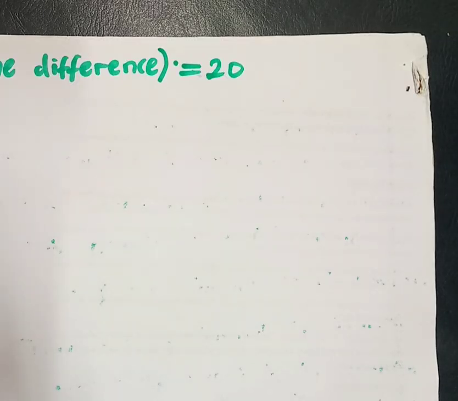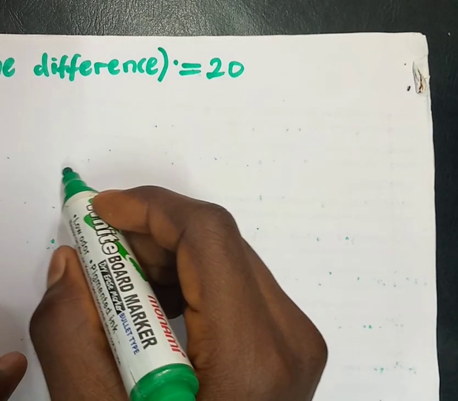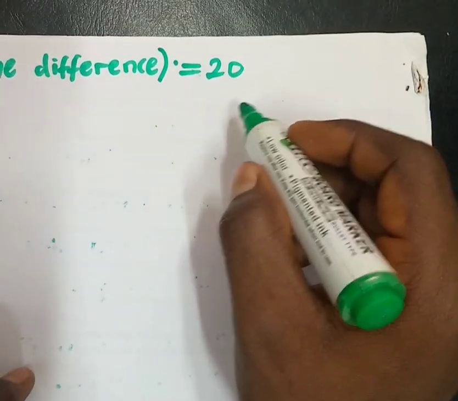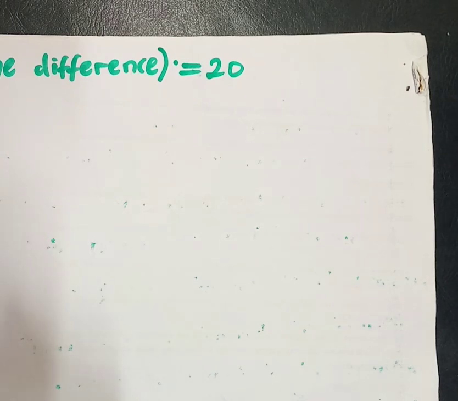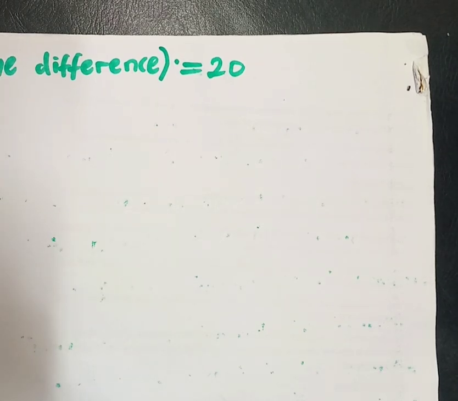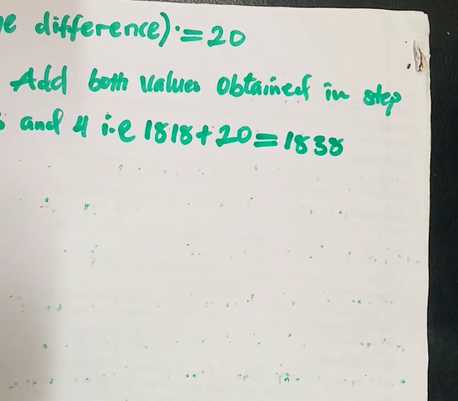Then step number 5, add both values together. The values obtained in step 3 and 4. That's the one you checked before, and this value now, add them together, and then you have the value you are looking for.